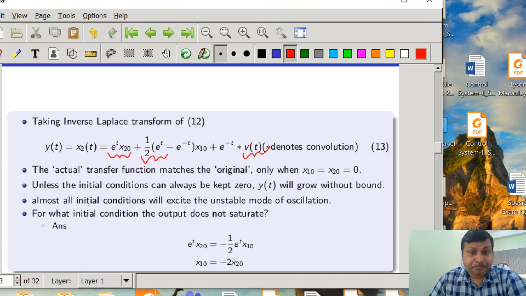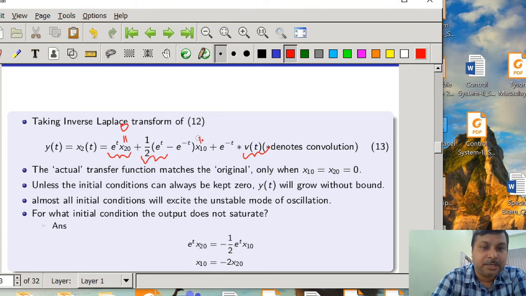So we have to understand that the transfer function didn't tell us that. Why? Because during evaluation of the transfer function, we assumed the initial conditions x2(0) and x1(0) are equal to 0. Once you assume these two initial conditions are 0, the fact that your output is going to be unbounded is not revealed by the transfer function approach.